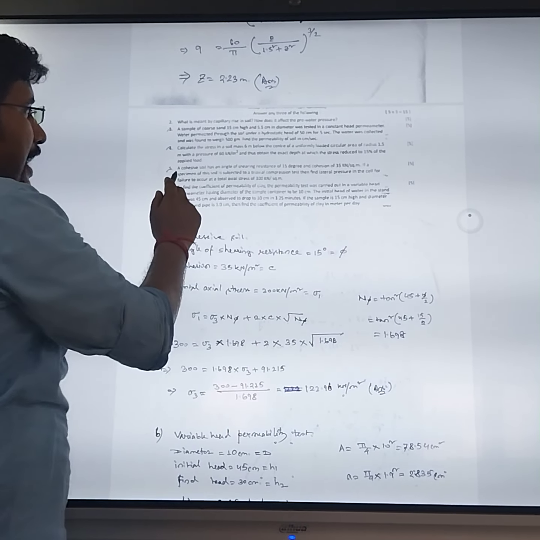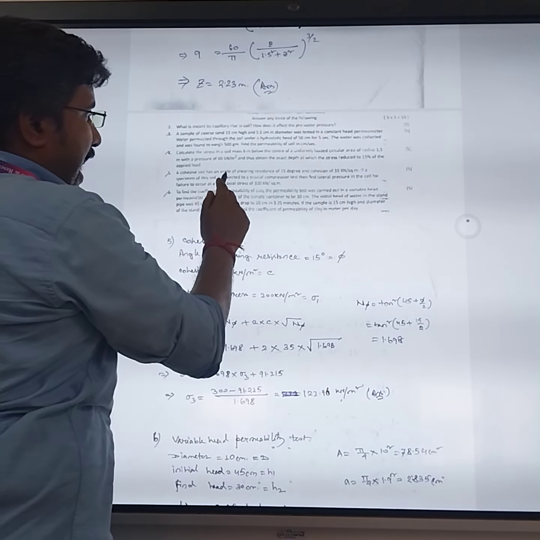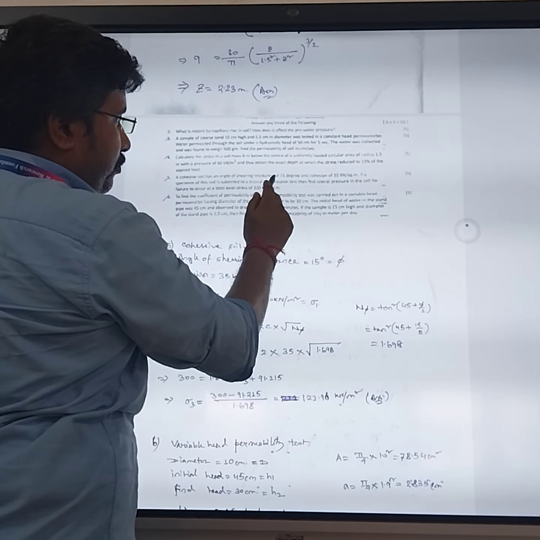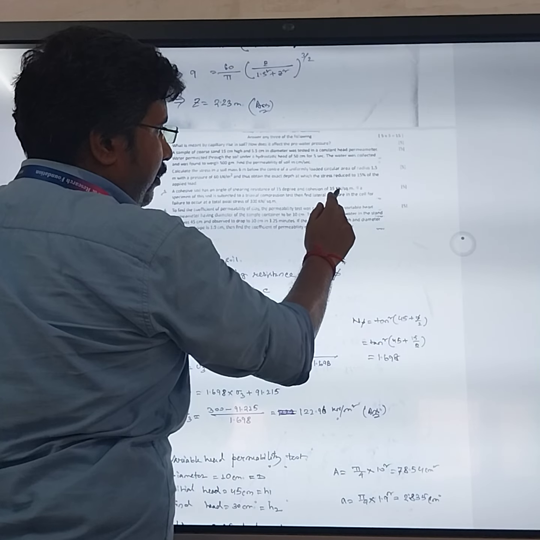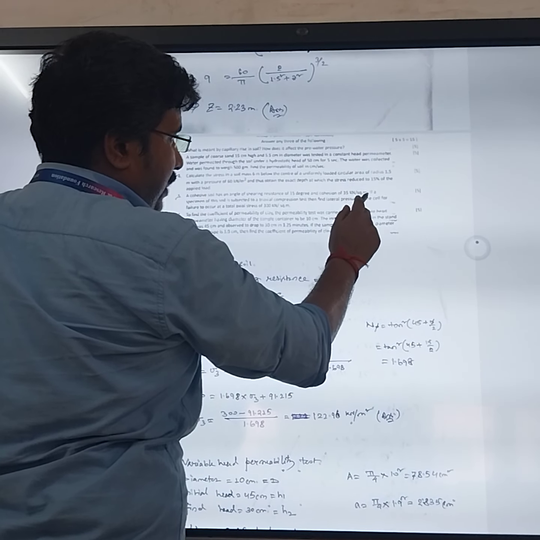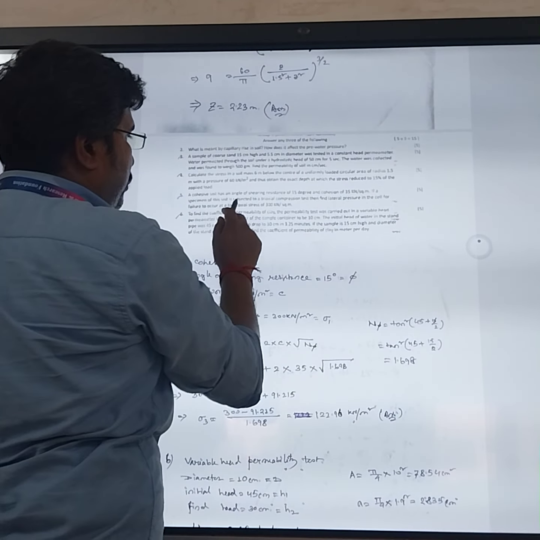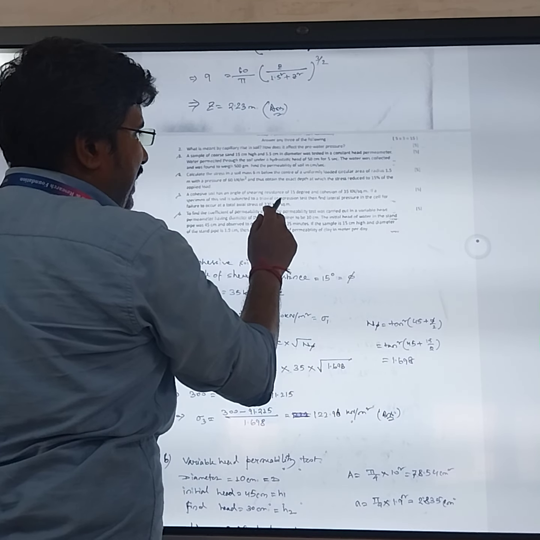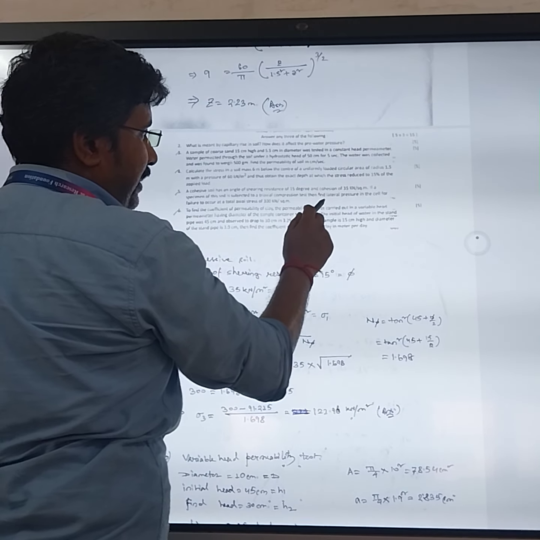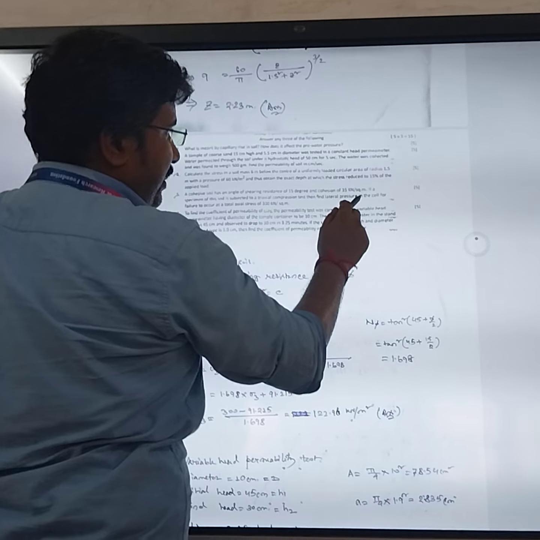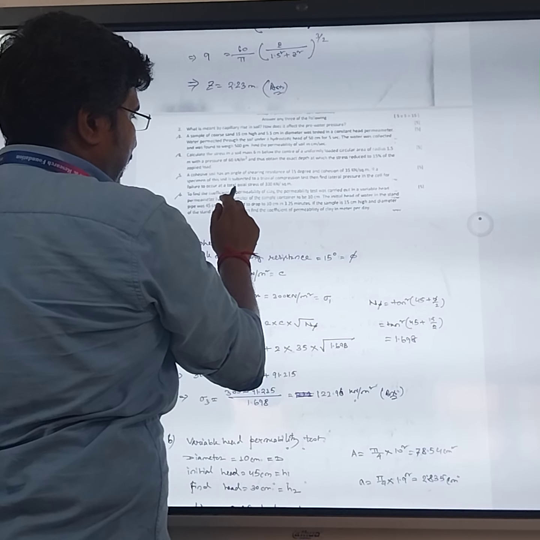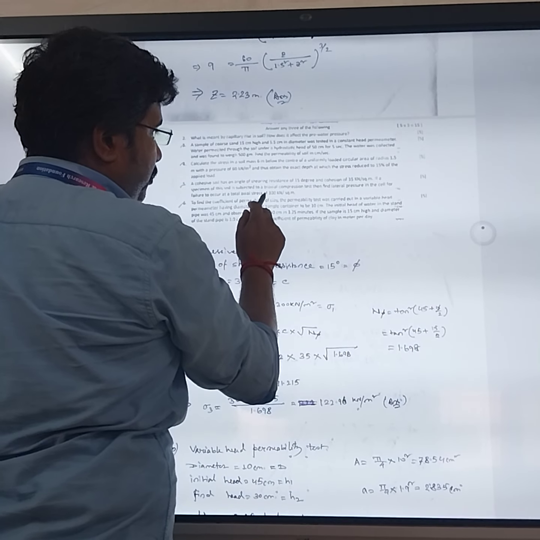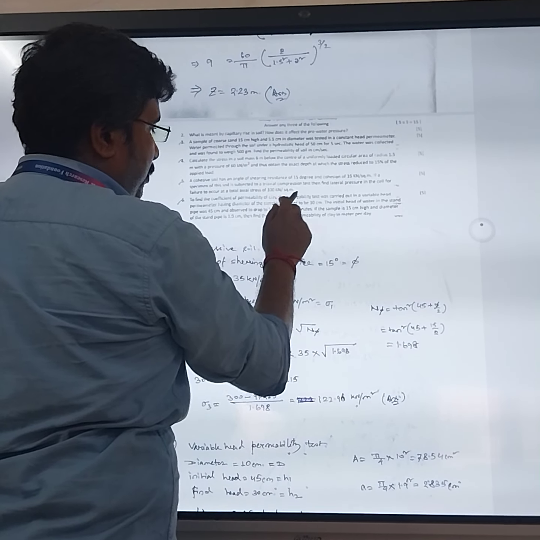Next question: a cohesive soil has an angle of shearing resistance of 15 degree and cohesion of 35 kilonewton per square meter. If a specimen of the soil is subjected to a triaxial compression test, then find the lateral pressure in the cell for failure to occur at a total axial stress of 300 kilonewton per square meter.